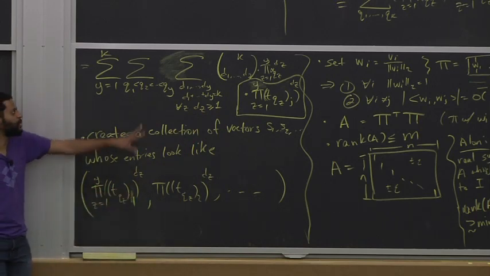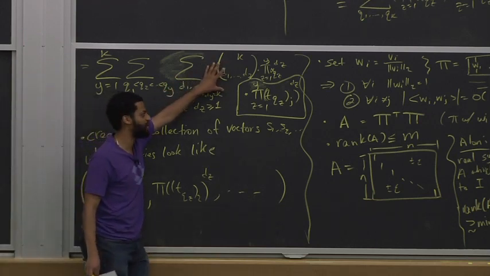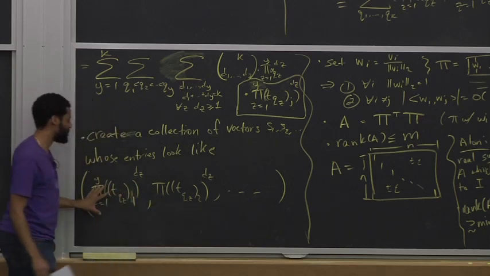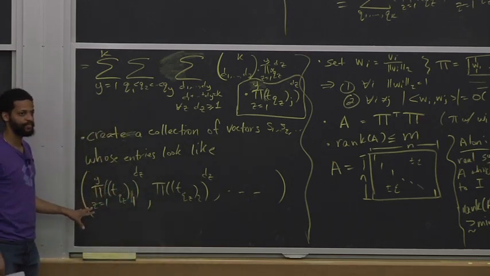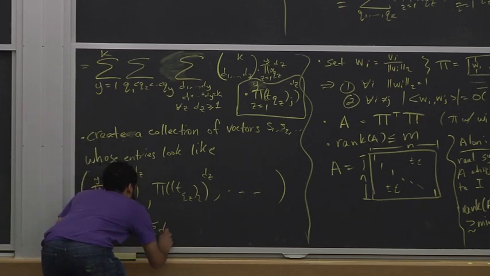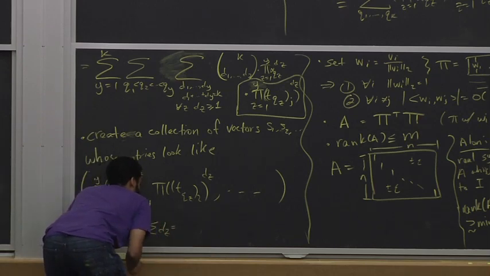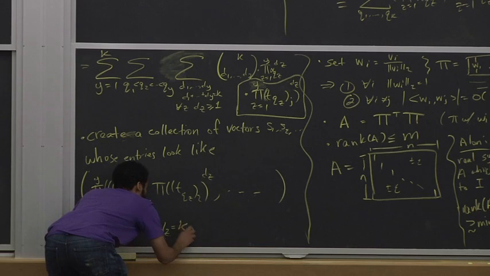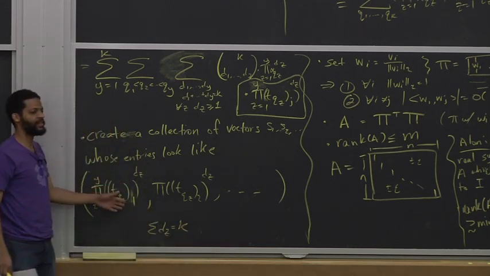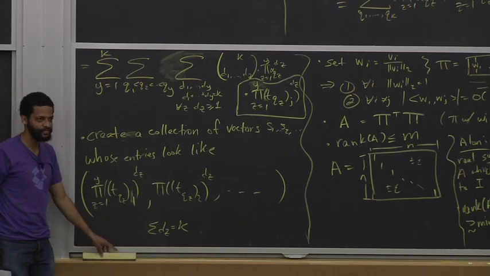There are some coefficients that depend on multinomial coefficients and products of alphas and whatever, but they're all linear combinations of vectors that look like this, such that the sum of the d_z's is exactly equal to k. So now the question is just, how many vectors are there that look like this?